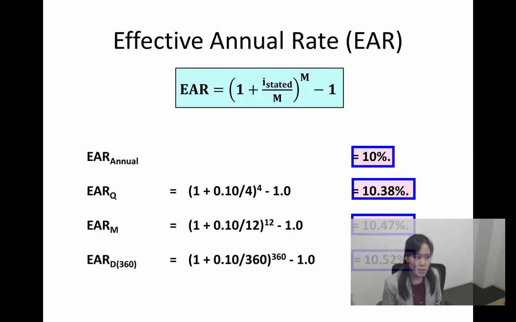So again, what this means is that if a dollar were to compound 4 times, then at an annual interest rate of 10%, then the effective annual rate is actually equal to 10.38%. We can do this for any number of time periods. So, for example, if we have daily compounding, then that's equivalent to an annual compounding rate of 10.52%. So you can see that as the frequency of compounding increases within a year, the effective annual rate is also increasing.